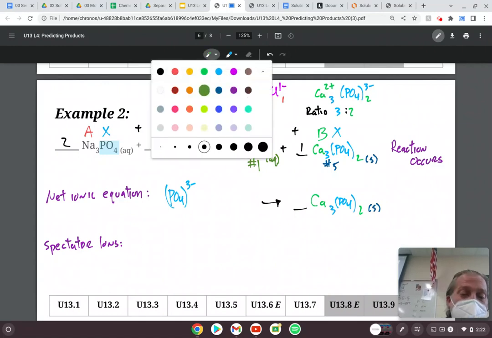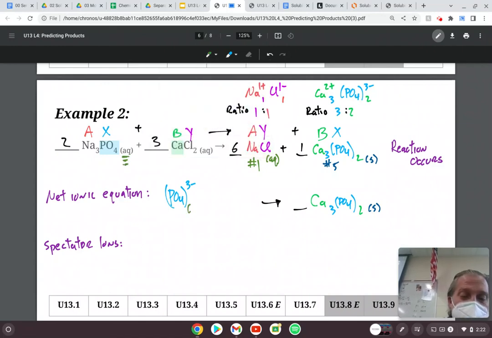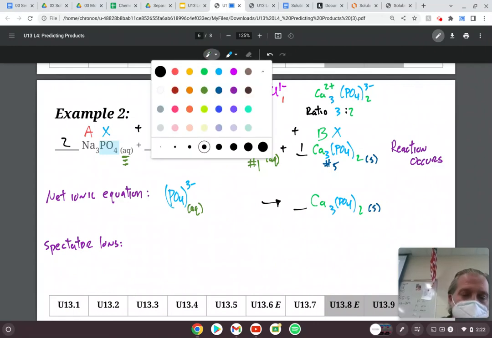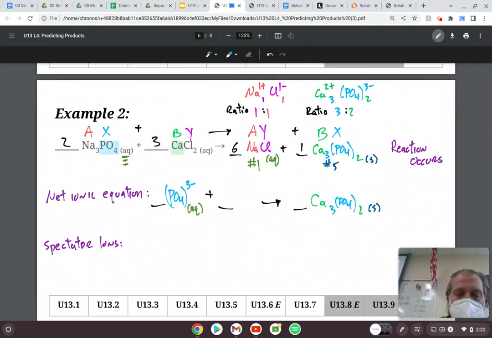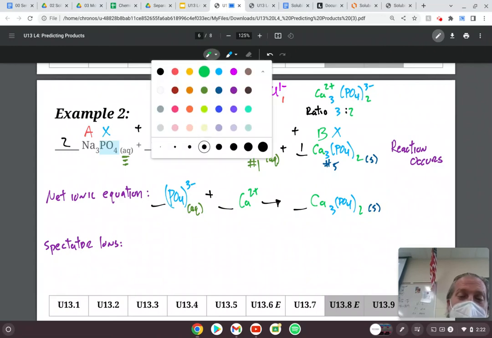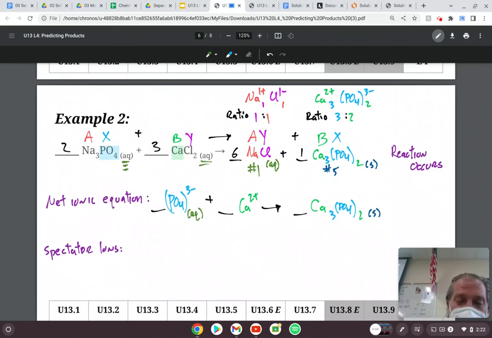And I also know its state of matter, which is aqueous. Calcium, I'm going to bring that down. And because we've done a little bit of prep work, has a charge of what? Has a charge of +2. And because of how it's written as a reactant, I know that that one is aqueous as well.